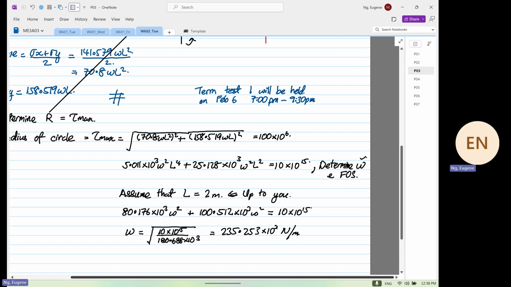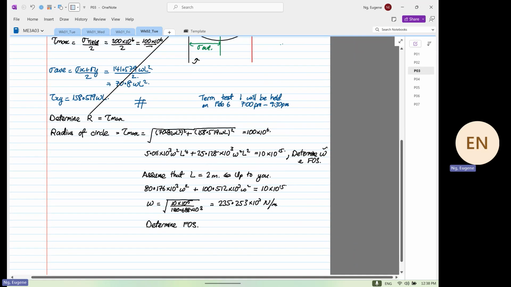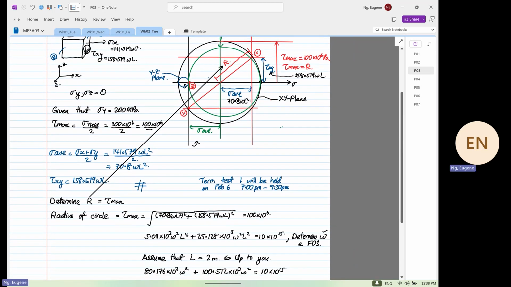Next, we have to determine our factor of safety. To determine our factor of safety, what we want to find at this point is our stress 1.